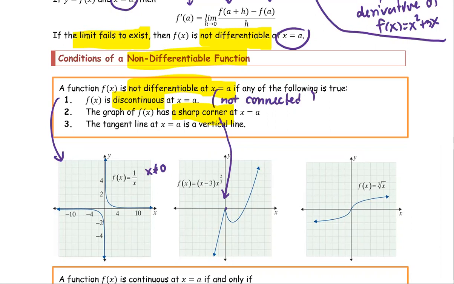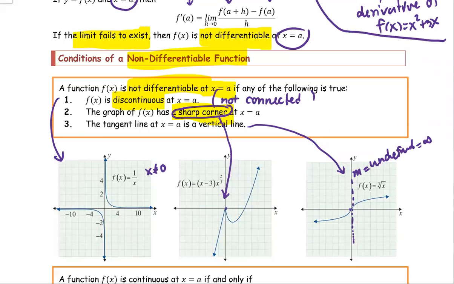And then case number 3, the tangent line at the point a is vertical. The graph looks all smooth, but what happened? If you look at the particular point here, at x equals 0, the slope m is undefined, or is infinity basically, or you have a vertical slope.